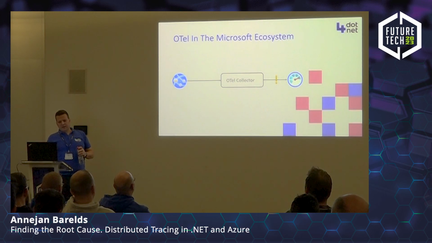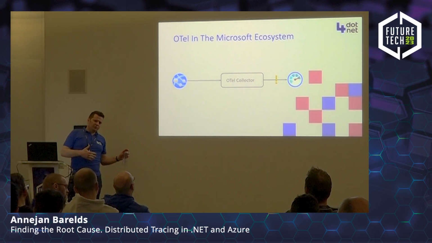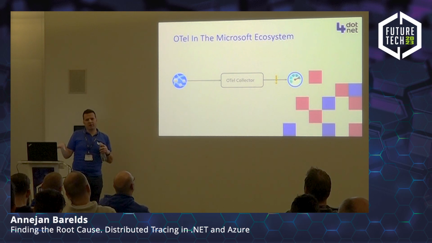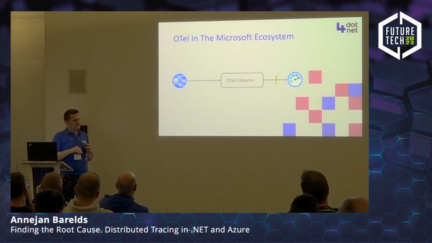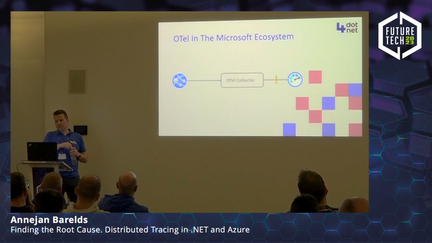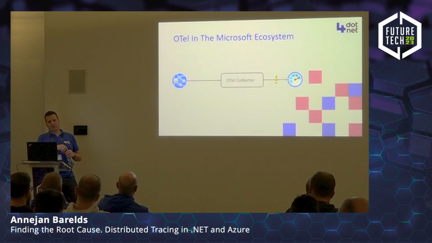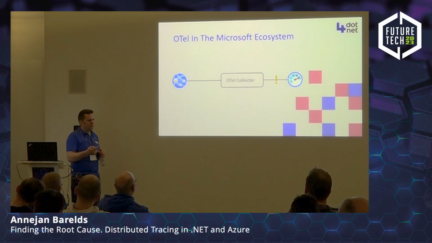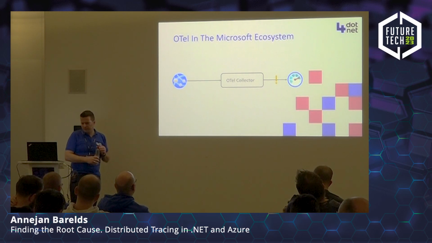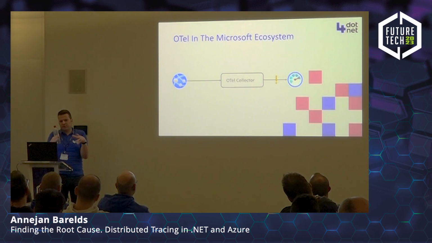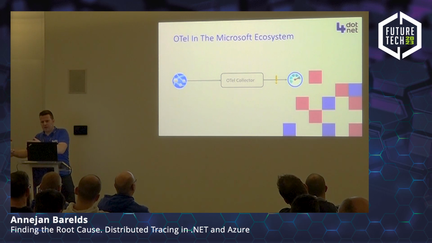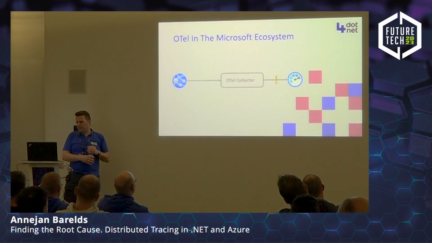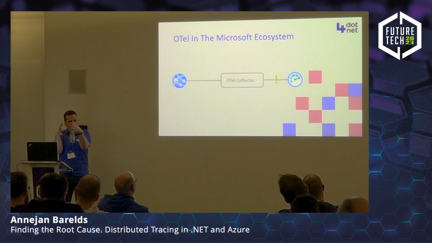So, I think all in all, if you are in the Microsoft ecosystem for the better part of your stuff, it's maybe not yet a good idea to join the OpenTelemetry bandwagon. But it's good to know that whatever you do now in terms of distributed tracing conforms to that same logic of traces composed out of spans, using the W3C Trace Context header, etc. So it's really converging to that OpenTelemetry stuff.